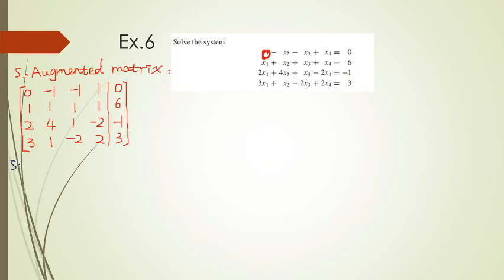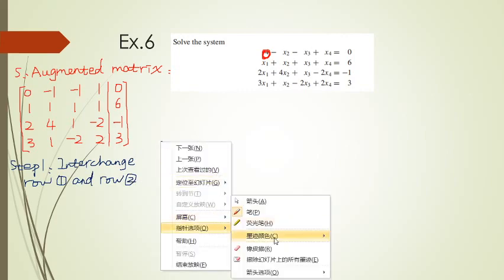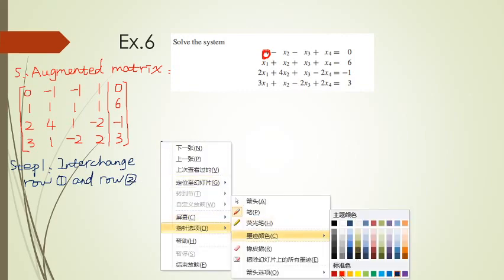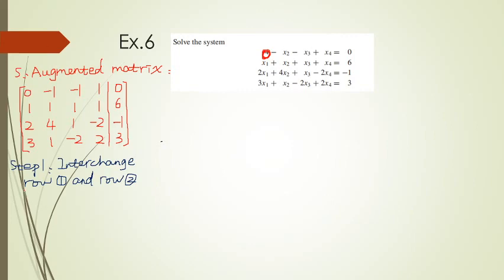So step 1, I will write the row operation: interchange row 1 and row 2, then we obtain the new augmented matrix.